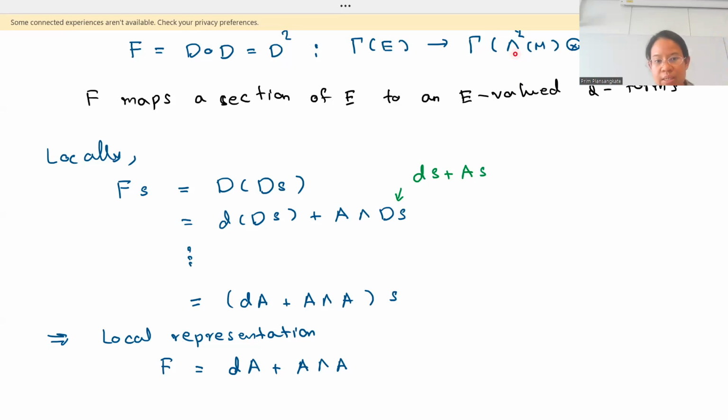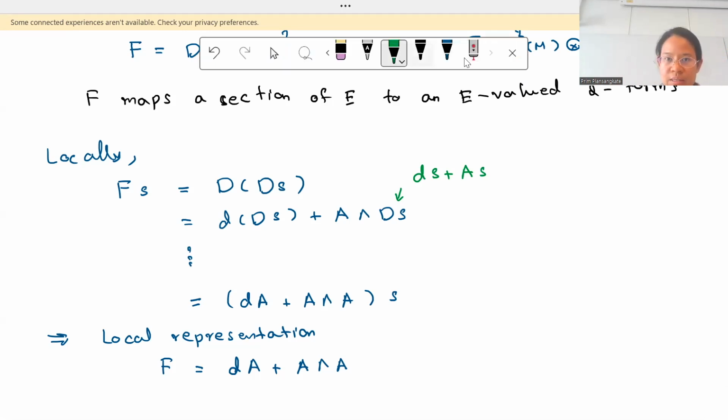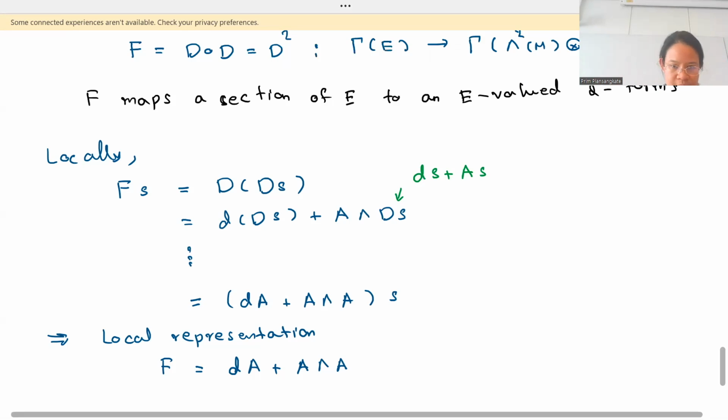And for this one, you just multiply A with A, normal matrix multiplication. But when the entries of A are multiplied, then we use the wedge product. So F, in local representation, is an n by n matrix of two-forms.